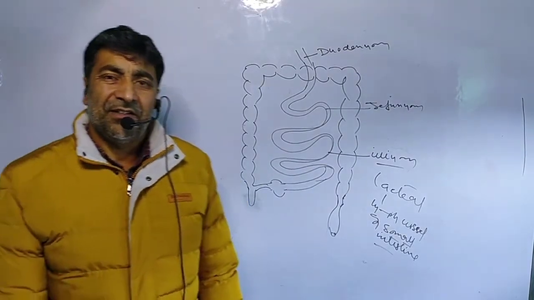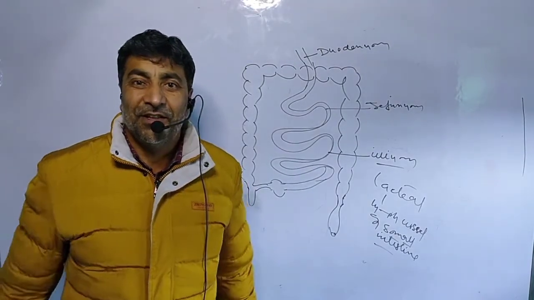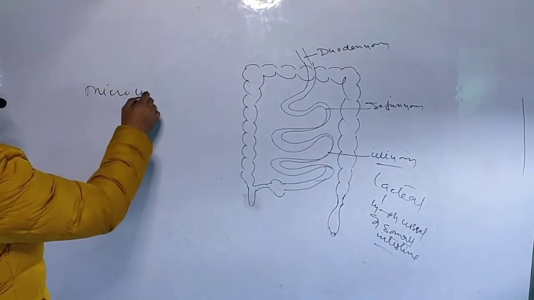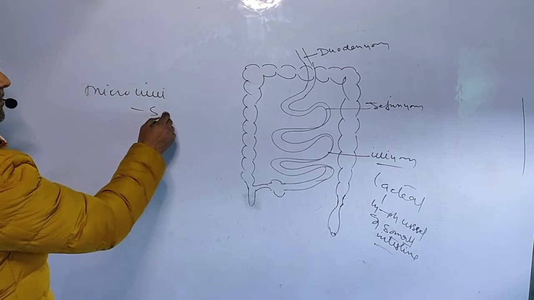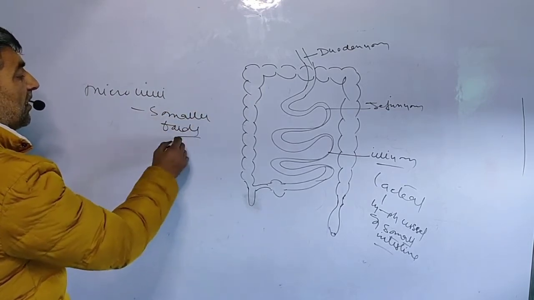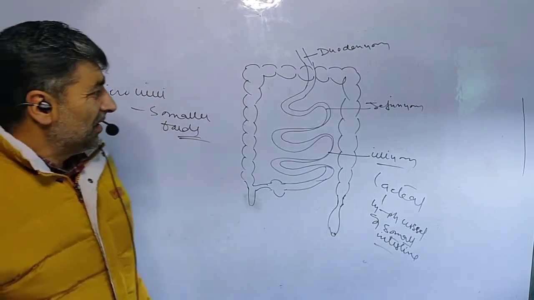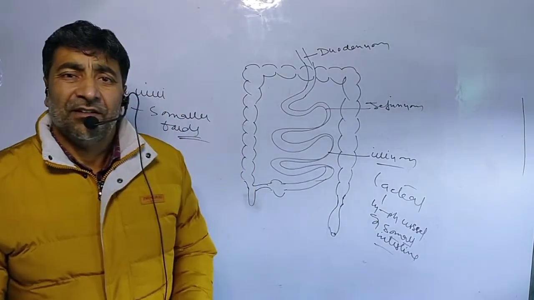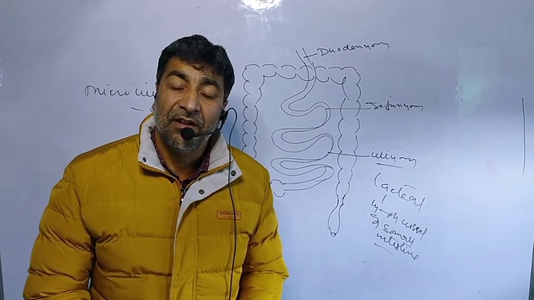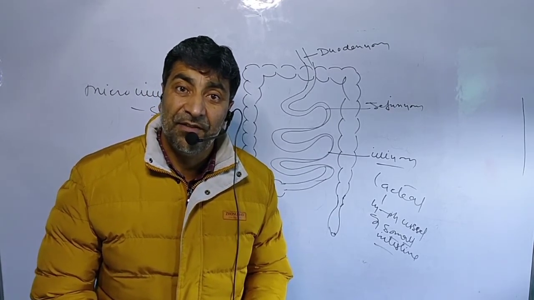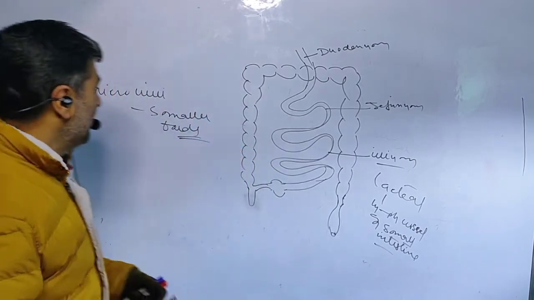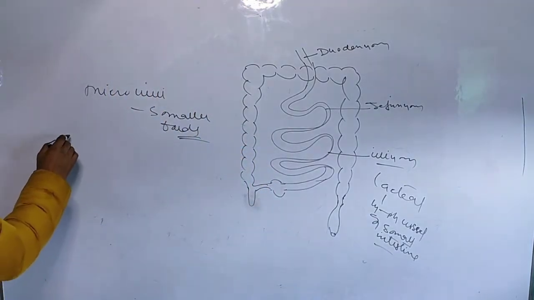Now villi are divided into certain smaller folds. They are called microvilli. And the small intestine also possesses another fold that is called plica circularis. Circular folds are also present in the small intestine.